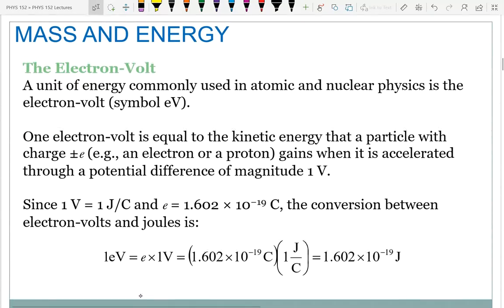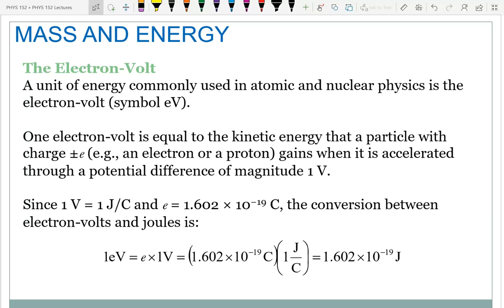So now a regression into units. We learned about the electron volt when we started talking about using two parallel plates with different voltages to accelerate an electron. And we said, well, the work done is equal to the force times the distance.